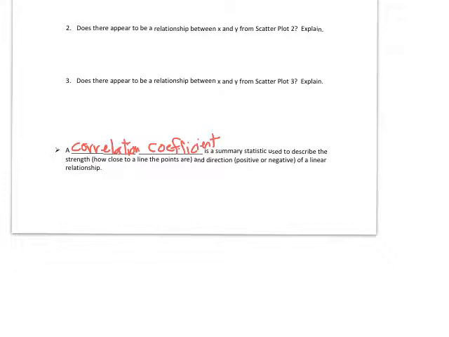This correlation coefficient is often represented with the letter R. So if you ever see R equals, that's how you know you're looking at the correlation coefficient.